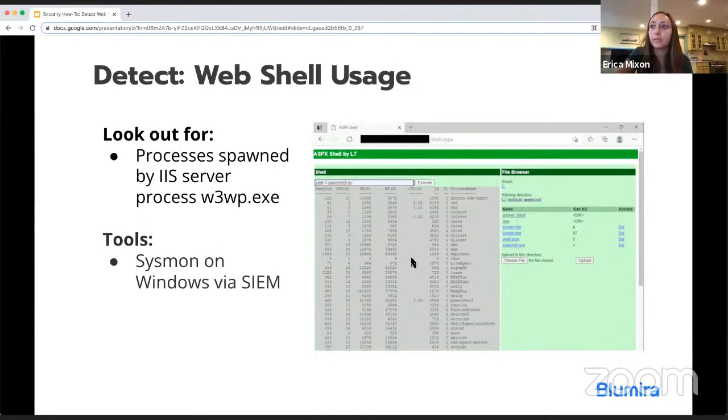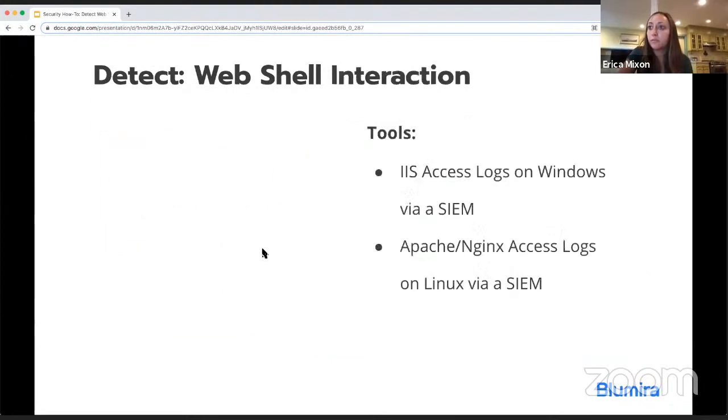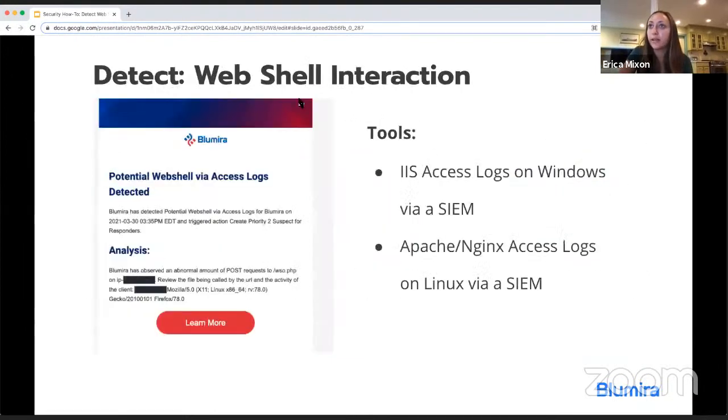Mm-hmm. Absolutely. So moving on to the next slide, we're talking about web shell interaction. What would be some signs that a web shell is interacting with your environment? Sure. In this case, say for whatever instance, you can't see the exact process, or let's say we're looking at a Linux system instead of a Windows-based system without the capability to look at sysmon.